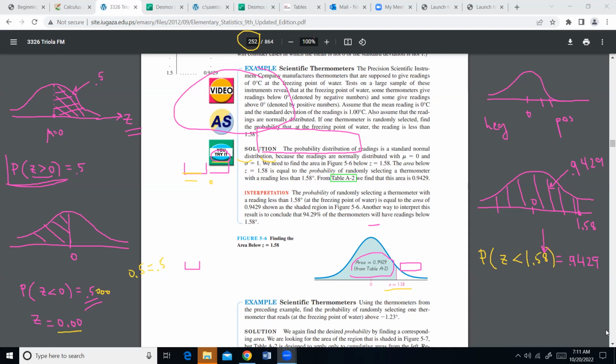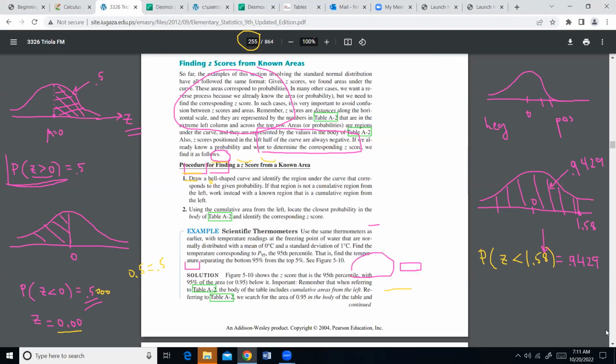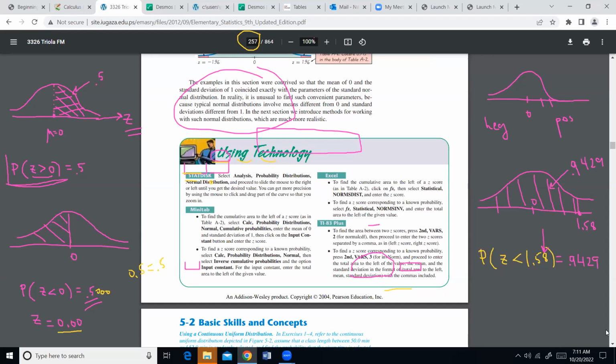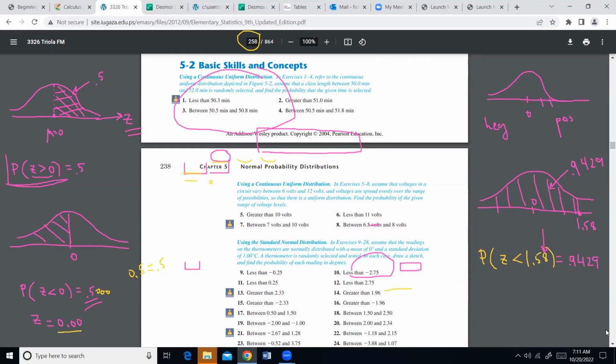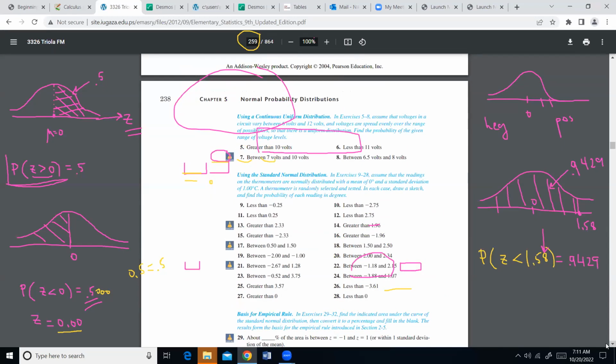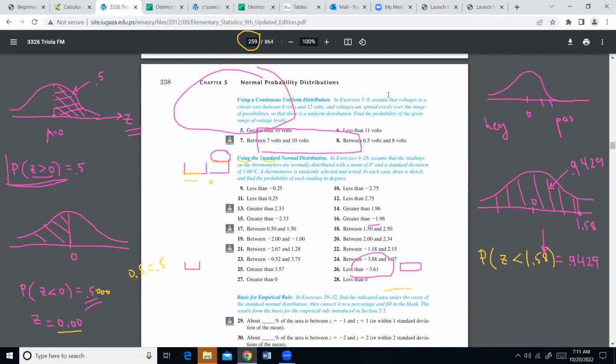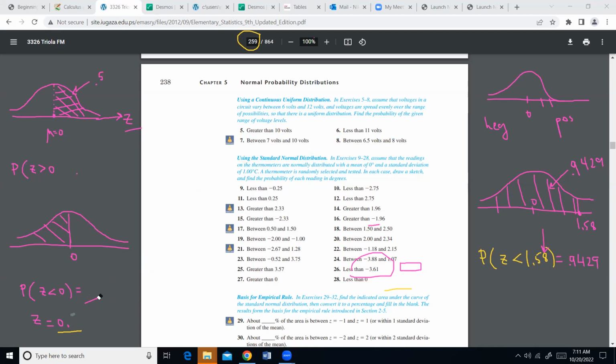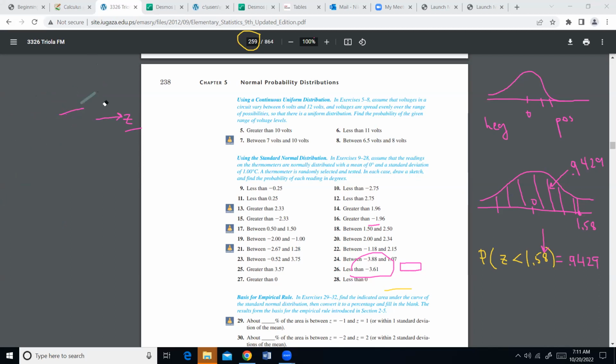So I'll go to the end of the section as usual and practice using these tables, because the rest of the story is all about using the table. So I'm going to do problem number 9. Now for a change, I'm going to try a negative z-score and see how this is going to be different, or if it will be the same, if you have to find the area from minus 0.25 all the way to the left.